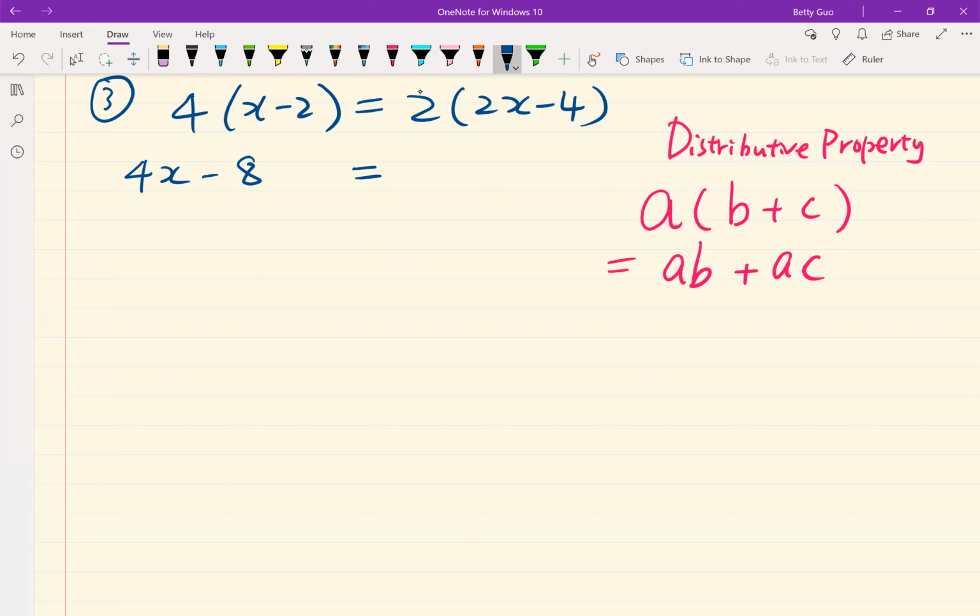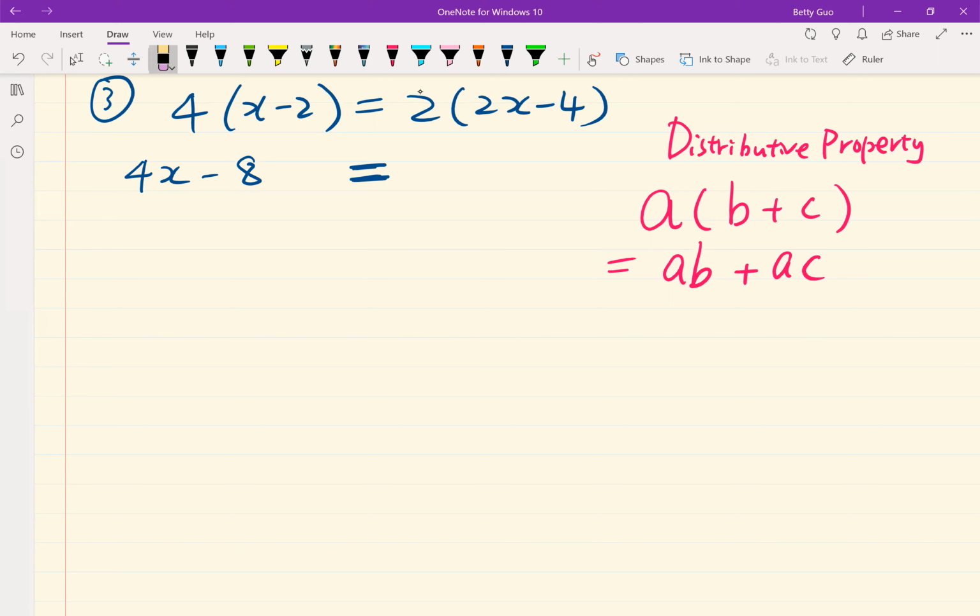Remember I said the equality symbol is an anchor. You don't change it, you just let it stay there all the time. I line up all those equality symbols just to see the change of the terms in the equation.